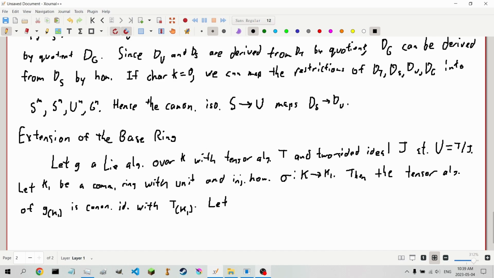We're going to let J prime be the two-sided ideal of T tensor K1 generated as you'd expect. That is x prime tensor y prime minus y prime tensor x prime minus the bracket of x prime and y prime, for x prime and y prime in G extended to K1.